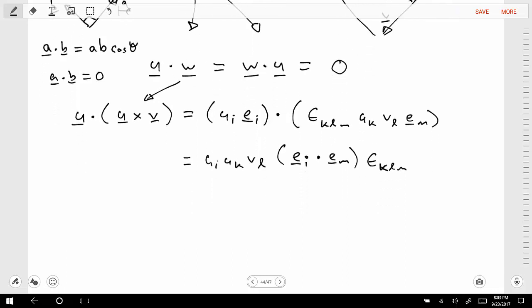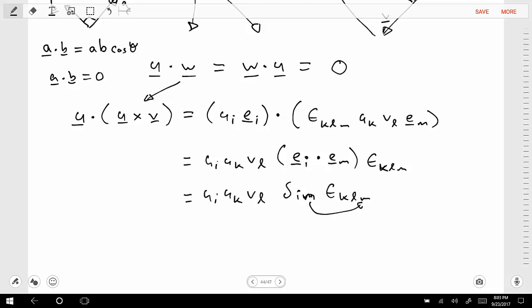Now, if we remember from previous lectures, when we do the dot product of base vectors, we can actually find our Kronecker delta, right? So when we do that, this regresses further to u_i, u_k, v_l, the Kronecker delta_im, and epsilon_klm.